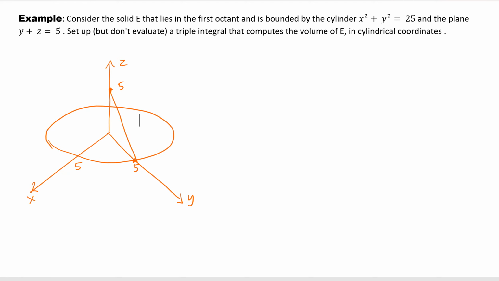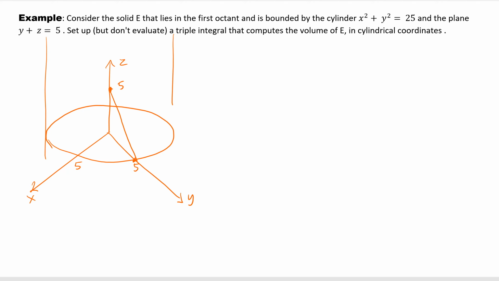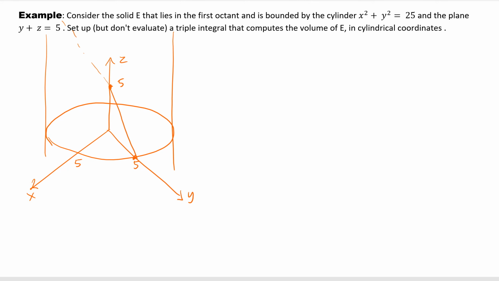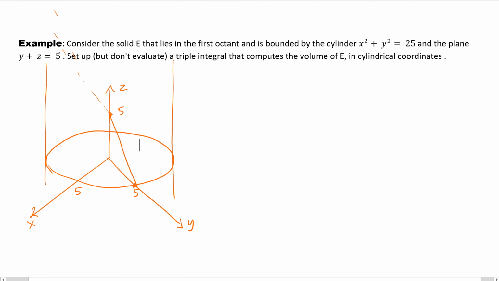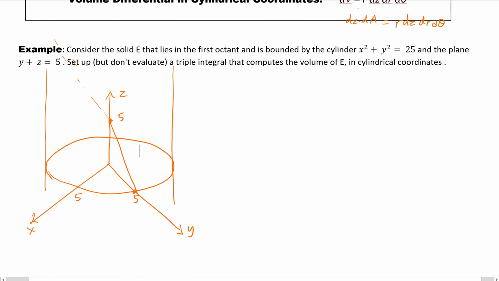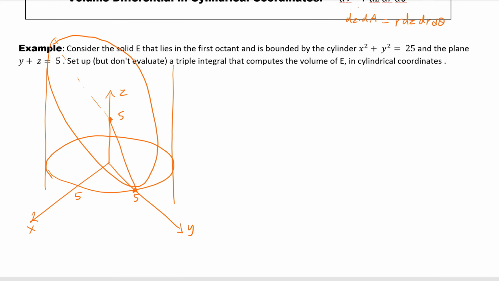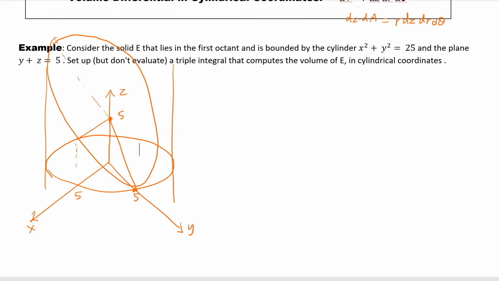And how would that cross this cylinder? So imagine, we get something like this. Can you imagine, everybody? And in the first octant, which is right here.